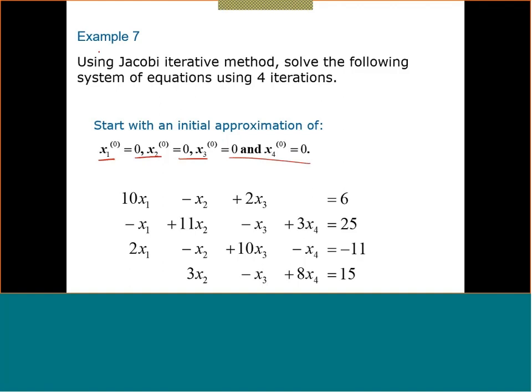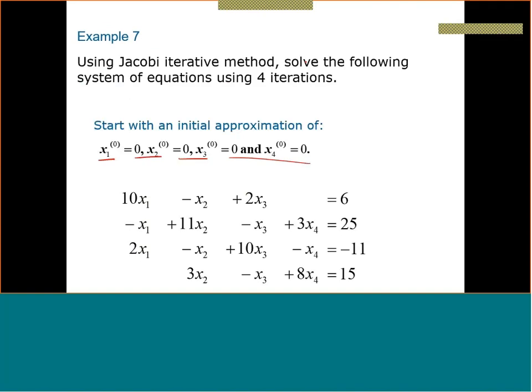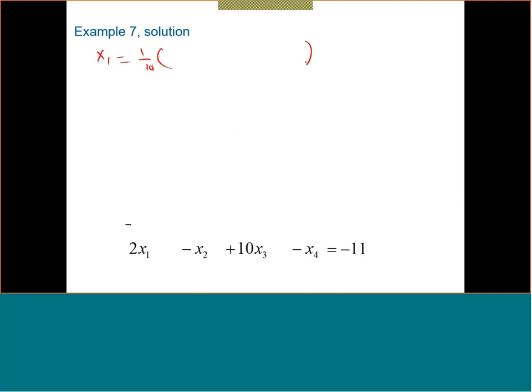So x1 is equal to 1 over 10 times the rest: 6 plus x2 minus x3. So this is your x1, and there is nothing for x4.